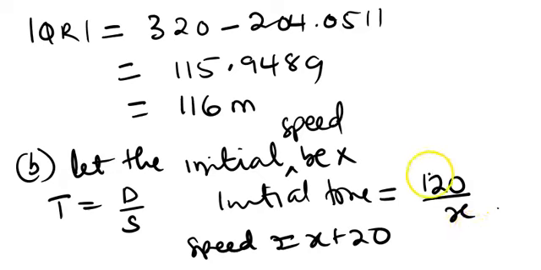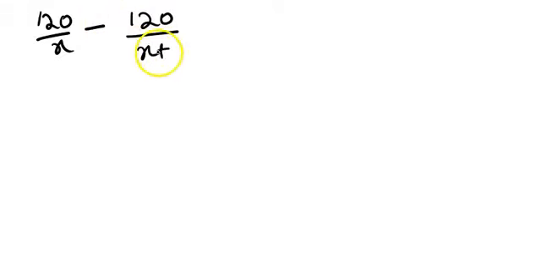Now this initial time was reduced when the speed was increased by 20. So the speed becomes x plus 20, right? And this initial time was reduced by 30 minutes. So we convert the 30 minutes to hours. It will be half an hour. Okay, so this is how we set up the equation. The initial time, 120 over x, minus the second time, 120 over x plus 20, is equal to half an hour.